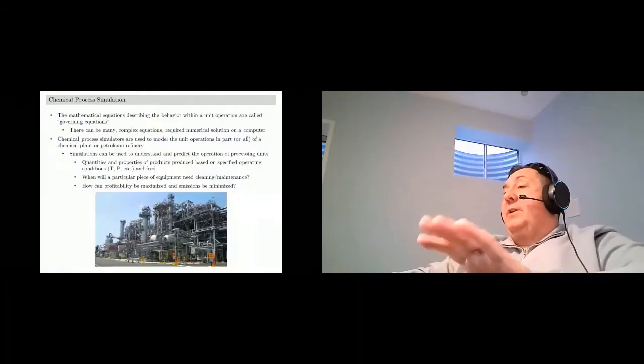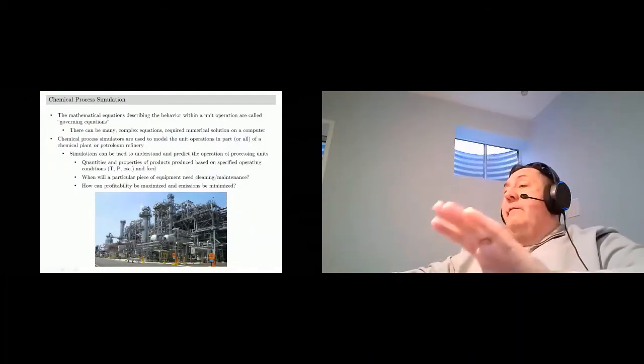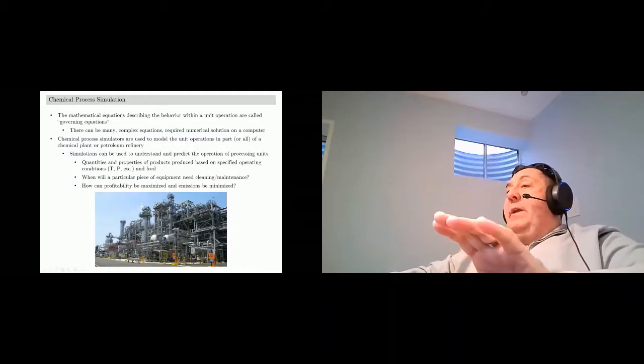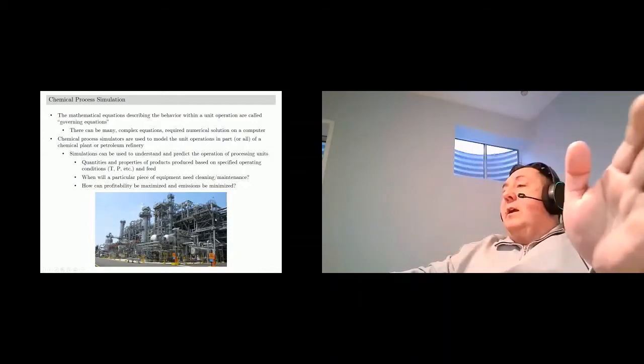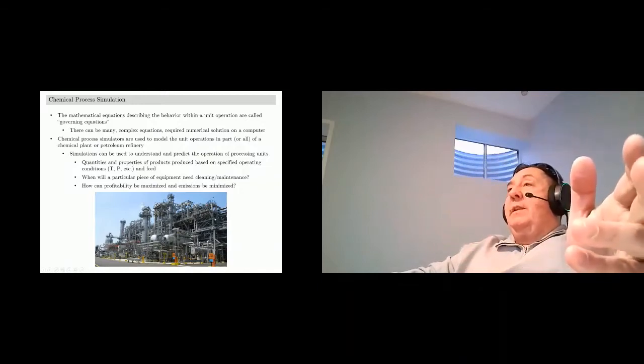Okay, so I have a picture of a refinery here. This is our Whiting refinery in Indiana, and we have heat exchangers that are these horizontal cylinders. We have distillation columns that are the vertical cylinders here, and there's all kinds of piping and different pieces of equipment there.